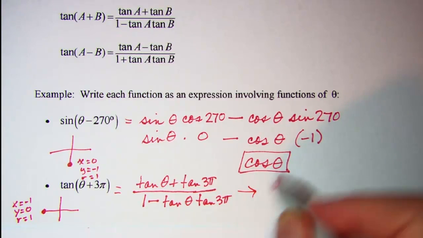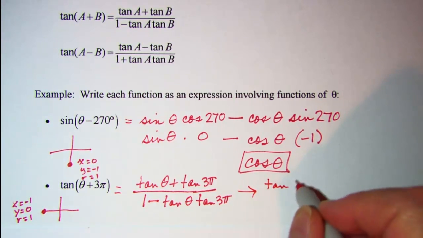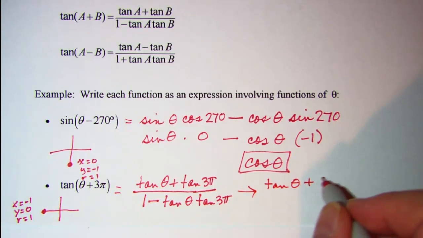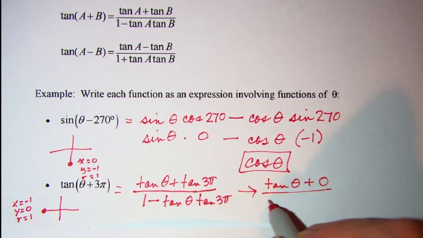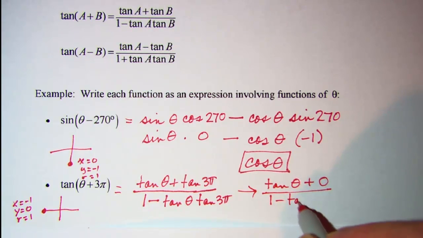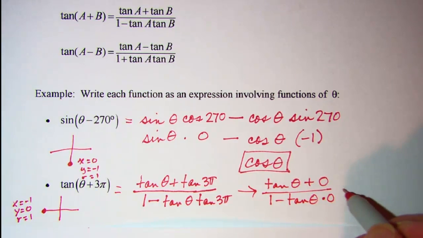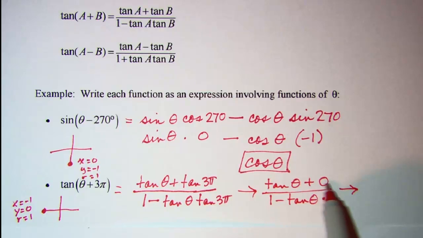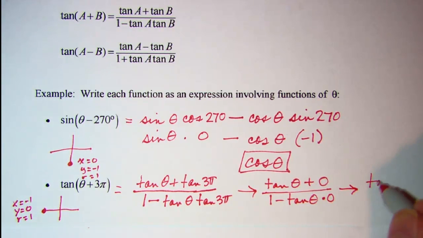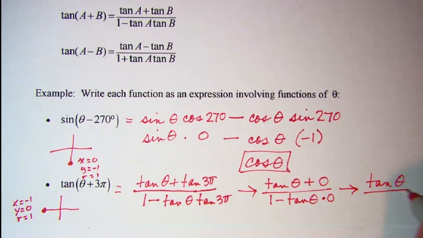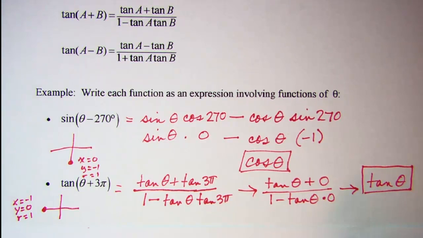So this then becomes tangent theta plus 0 over 1 minus tangent theta times 0. This simplifies to adding 0 just will give me a tangent theta in the numerator. And then multiplying by 0 here knocks this term out, and I just have 1 in the bottom. So tangent theta is my answer on that one.